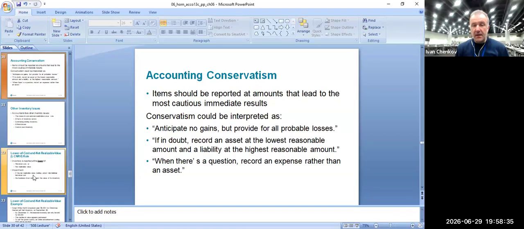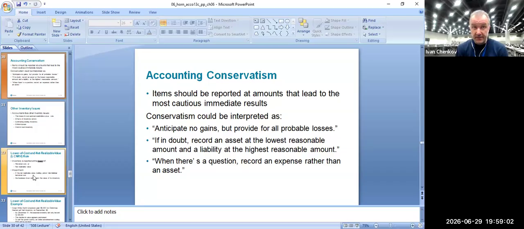Conservatism: we as accountants always have to be conservative in terms of the numbers. So if we see something going up, we stay with the low numbers. Conservatism should be interpreted as anticipate no gain, but provide for all the available losses. So if we see a gain coming into the company, we're not recording it.